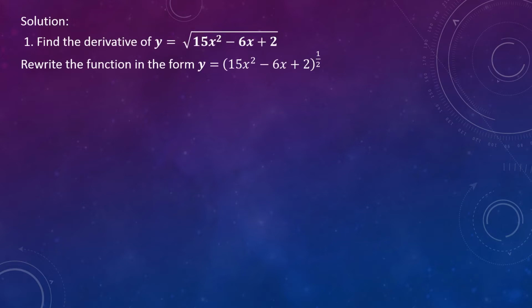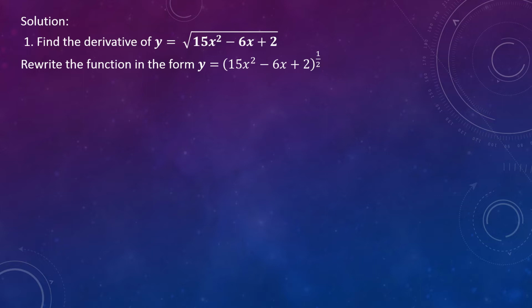So let us have here the solution for number 1. Find the derivative of y is equal to the square root of 15x squared minus 6x plus 2. The first thing that we're going to do for this type of function, which is a radical function, is to rewrite the function in rational exponent form.